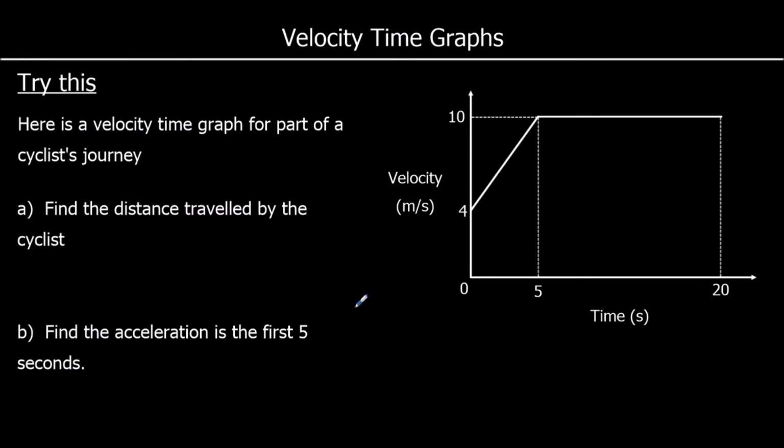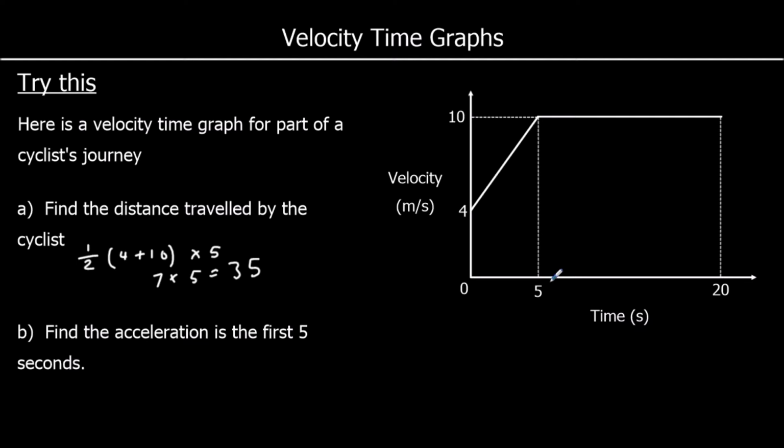So the area of a trapezium is half the sum of the parallel sides. So half of 4 plus 10 times the distance between them, which is 5. So 4 and 10 make 14. Half of that is 7. 7 fives are 35.